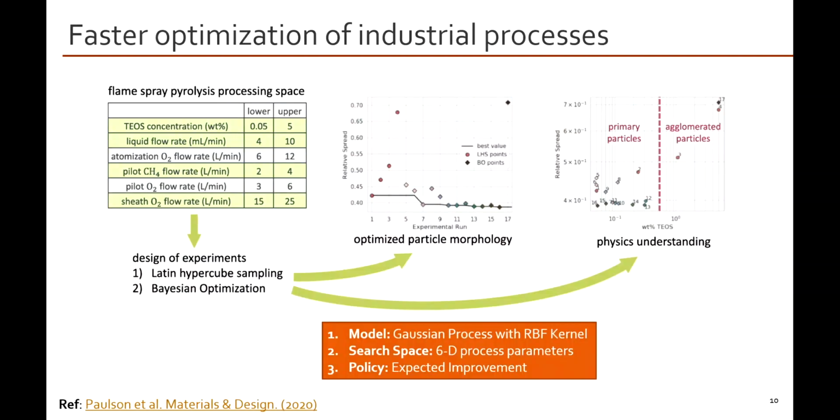One that's relatively recent and from Argonne National Laboratory is using Bayesian optimization to tune the parameters of an industrial process to have a better outcome, or to have better materials coming out of it. For this one, they were trying to optimize a technique called flame spray pyrolysis, using a technique based on Gaussian processes, which, as we learned a few lectures ago, are based on a kernel.